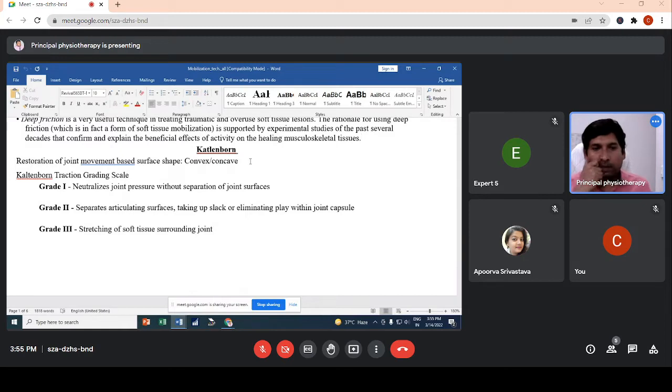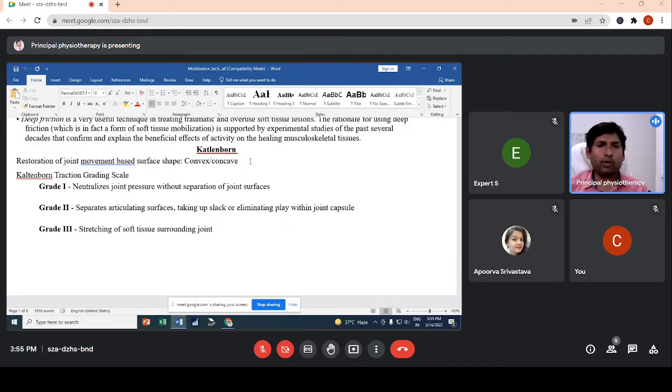Kelton-Bond traction grading scale. Actually, Kelton-Bond is the traction technique, and it has three grades: grade 1, grade 2, and grade 3. Grade 1 neutralizes joint pressure without separation of joint surfaces.